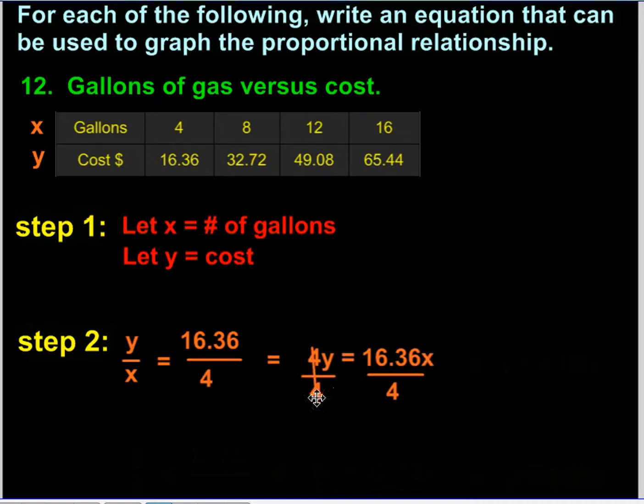We're going to divide this out because we want to solve for y. And we're also going to divide the 16.36 by 4. And that's going to get us y equals 4.09x. And this is the equation that we can use, if we did it right, for each of these.